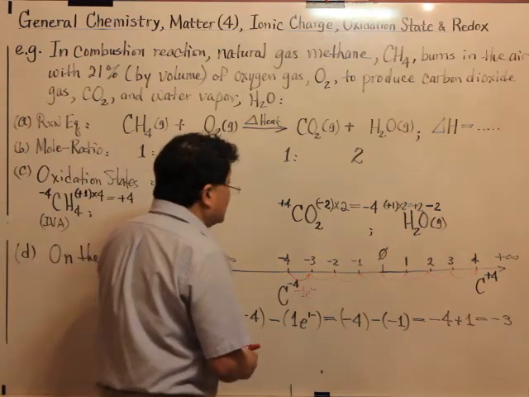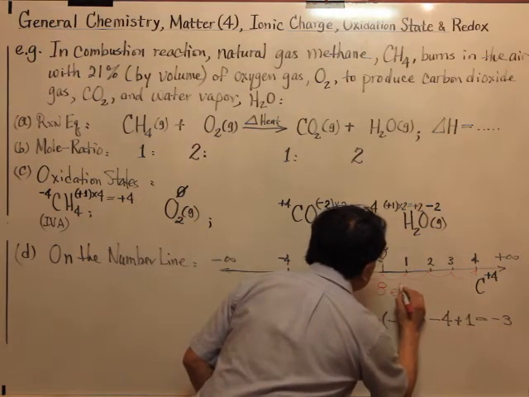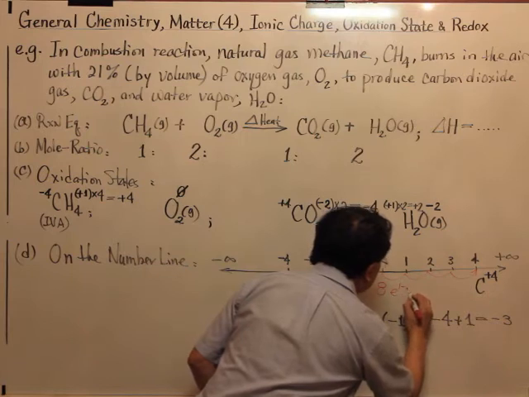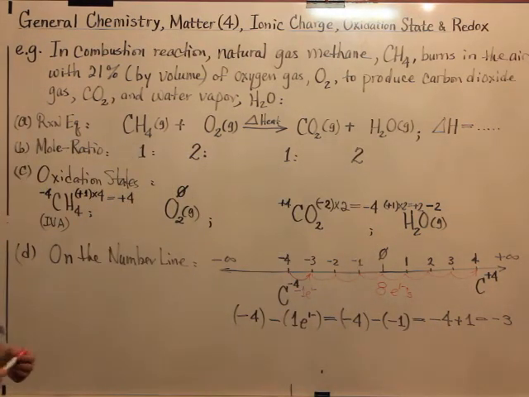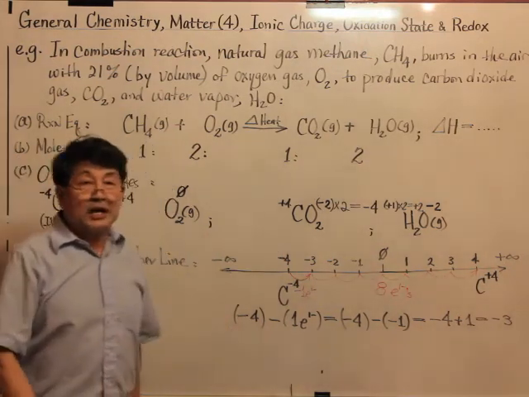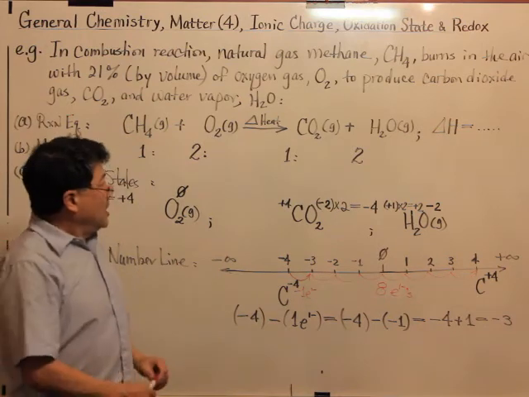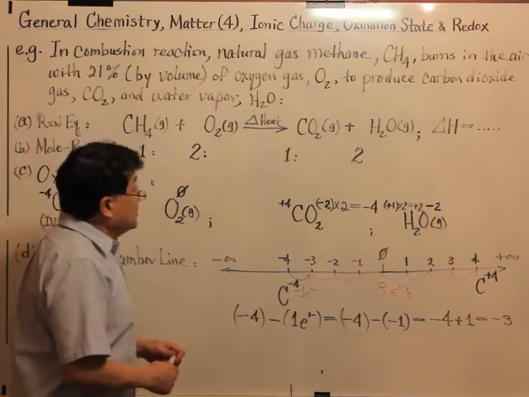Alright? That's a total of 8 electrons that got lost to change the oxidation state of the carbon atom from -4 in methane to +4 in carbon dioxide. Clear? Alright?